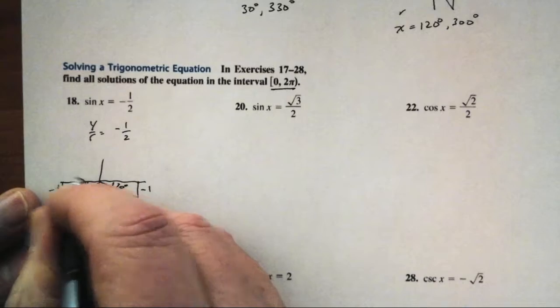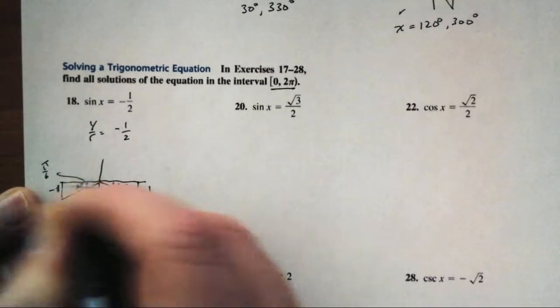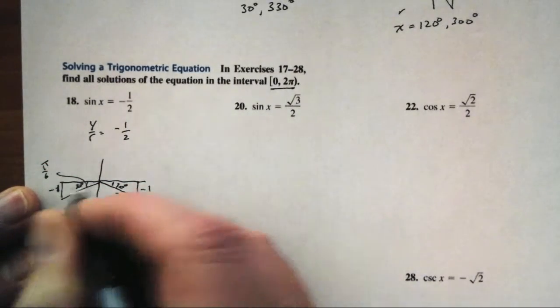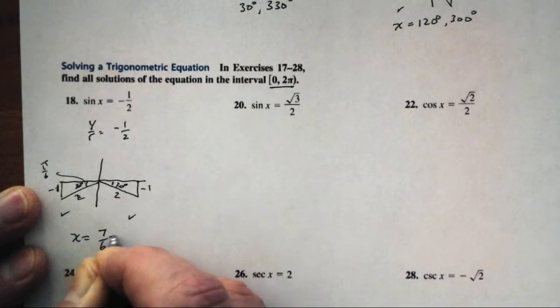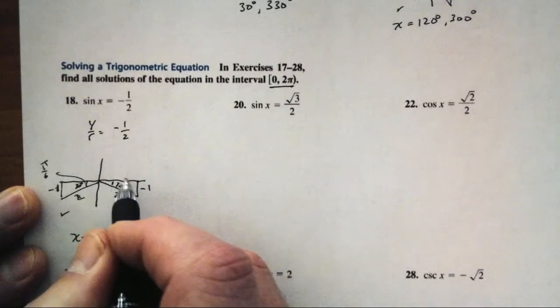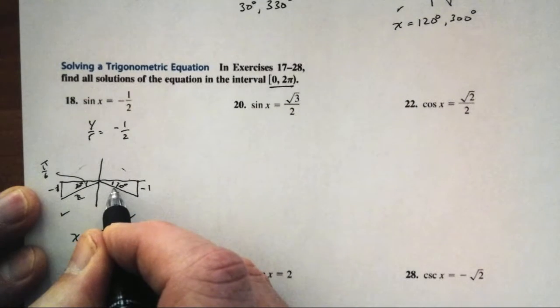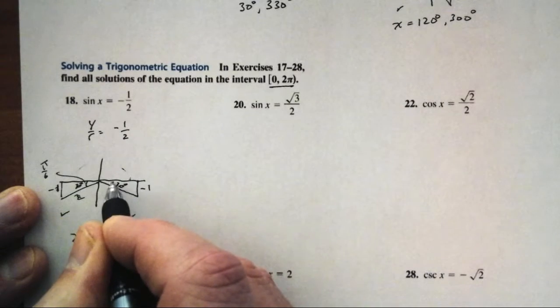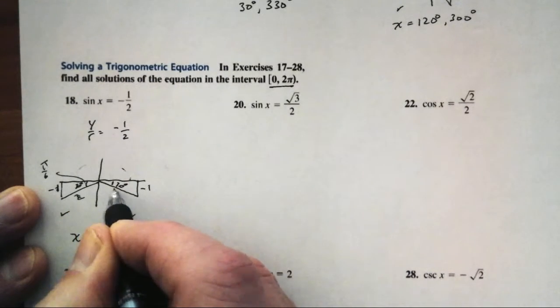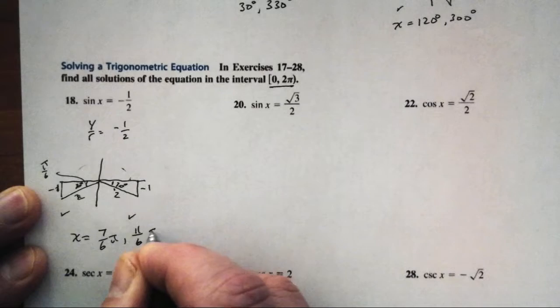So this angle is pi on 6, so we're pi plus another 6th pi. X is 7/6 pi, and 1/6 pi short of 2 pi, or 1/6 pi short of 12/6, 11/6 pi.